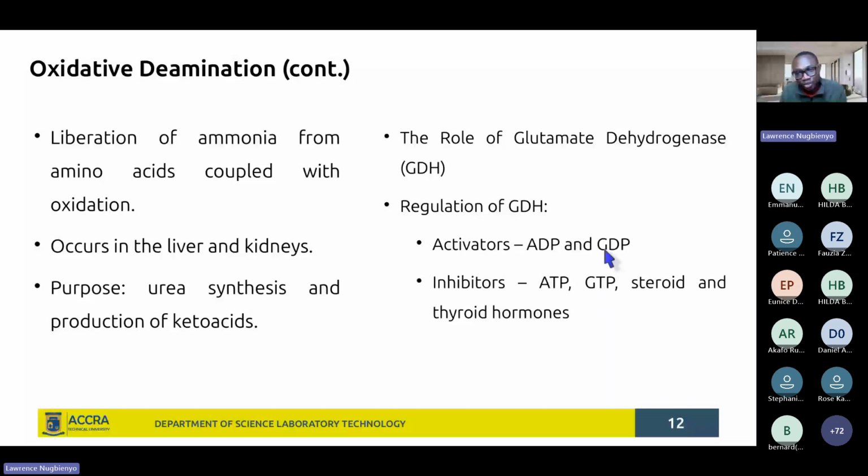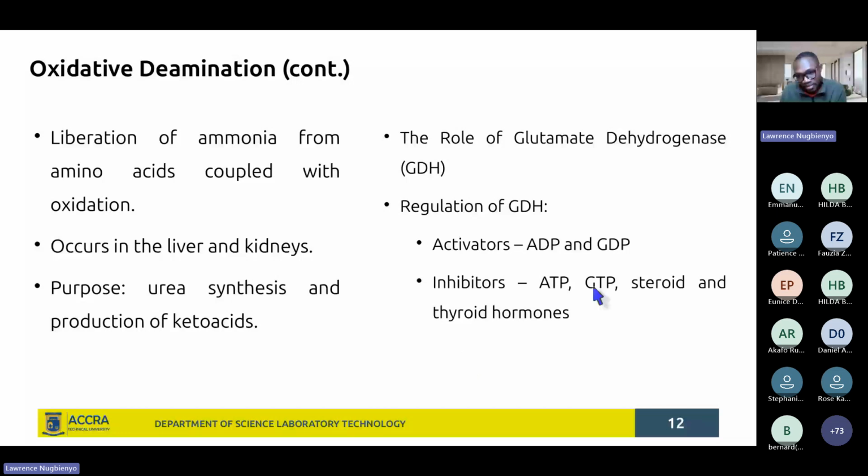And so those diphosphates in high amounts give the signal that there is the need for the production of energy for the cell, so that they activate the glutamate dehydrogenase to carry out deamination in the amino acids in order to have the carbon chains in the form of keto acids to produce the carbohydrates and the fatty acids, which will then go into the TCA cycle to generate the energy and even go further into the mitochondrion through other processes, the electron transport chain, to produce more energy in the form of ATP and guanosine triphosphate, GTP.